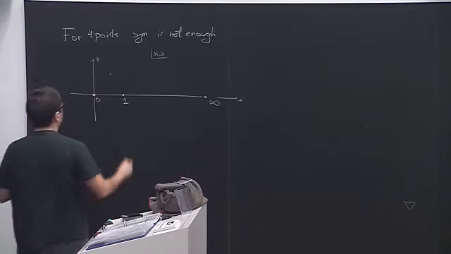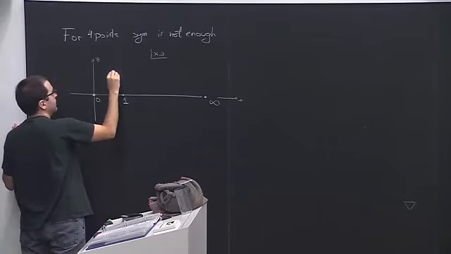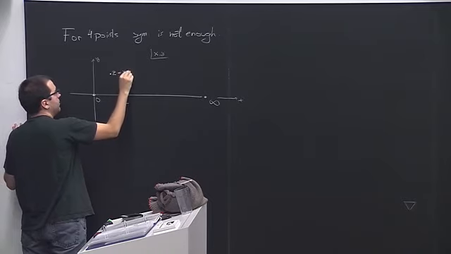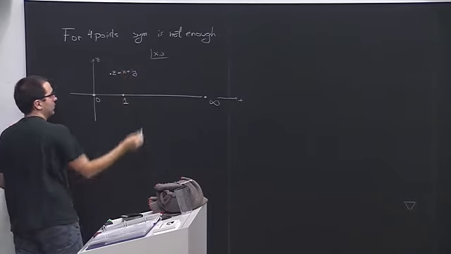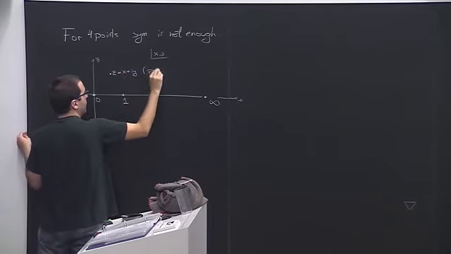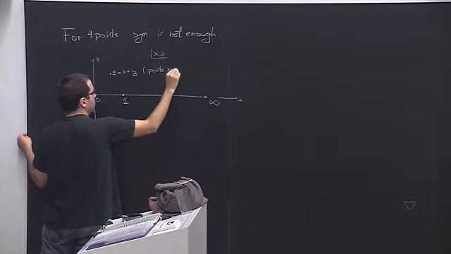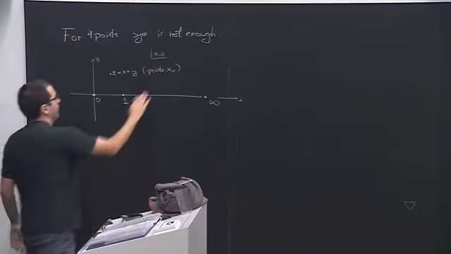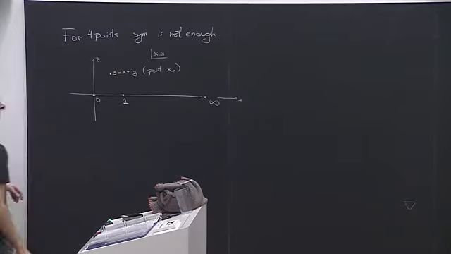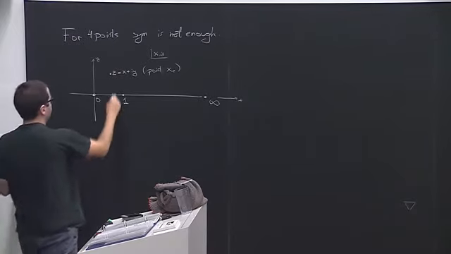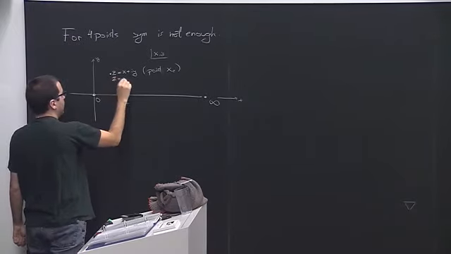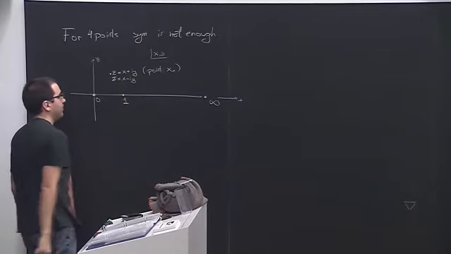Yeah, point x2. I chose point z to be x plus iy. So this is related to the coordinates of the point x2. Okay. And I could define z bar to be x minus iy.